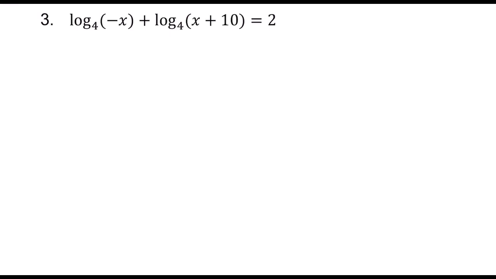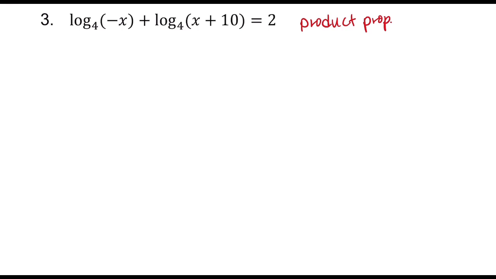In the third example, notice how we are summing up these two quantities with the same base. So in order to do that, we can apply our product law property, which combines these two logs into a single log with a single argument.